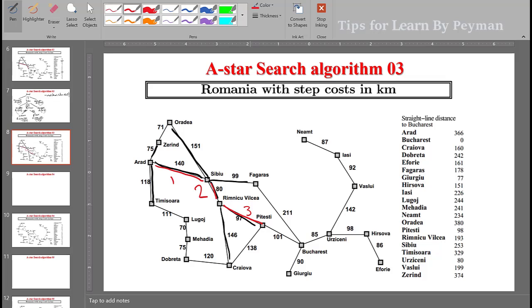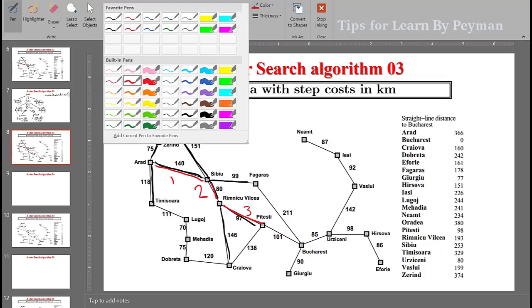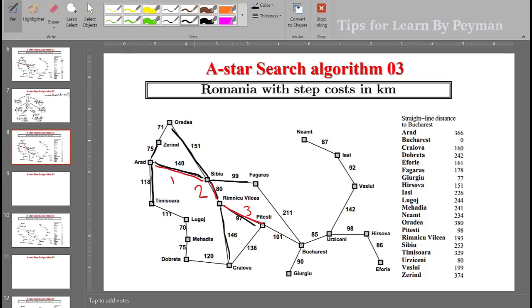Okay, but we choose this path as the first, this path as the second, and then Pitesti this path at the third level. So when you open the Pitesti, we have the Craiova here with G value of 138 and 101 for Bucharest, which is the goal node. So for the Bucharest, the value would be 0 because we reached the goal, and for Craiova it would be 160.